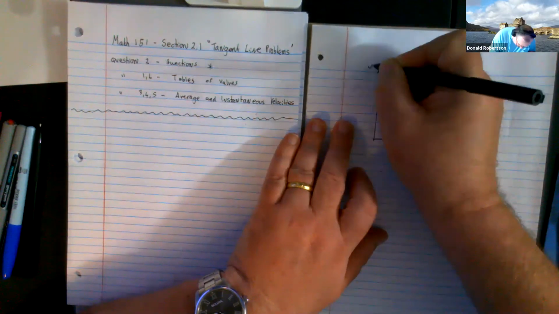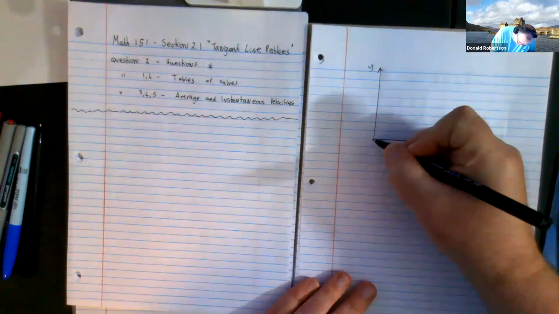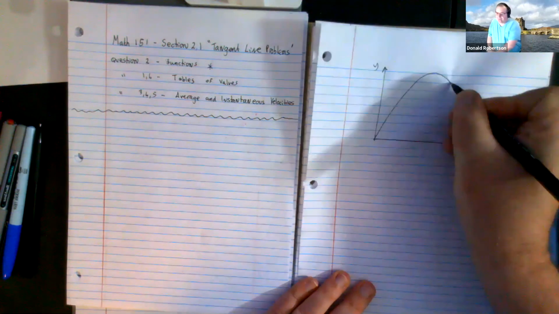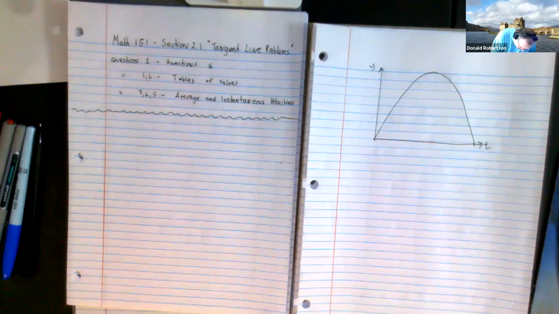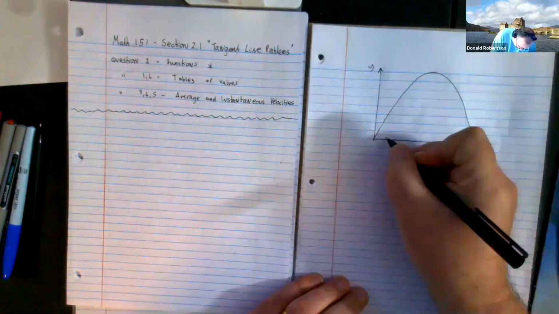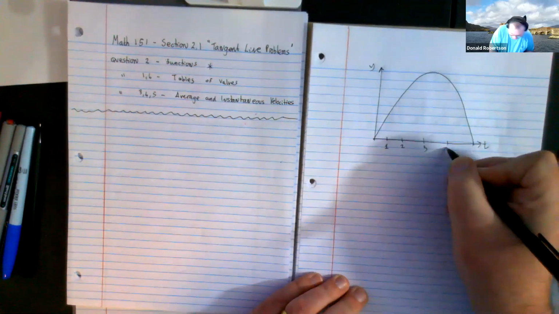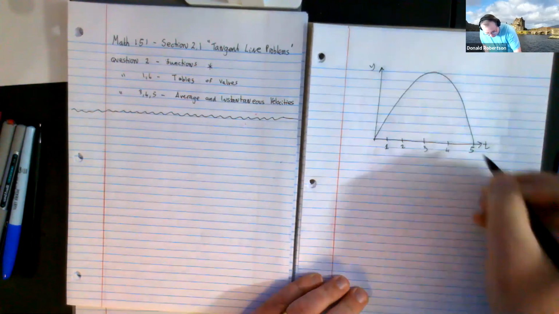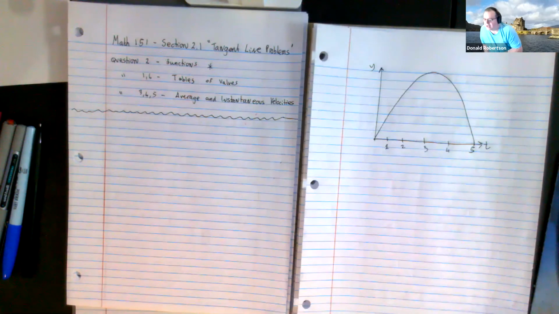Let's suppose I take an object and I throw it in the sky and it comes up and it goes down. Now, if this is the 1 second mark, this is the 2 second mark, this is the 3 second mark, this is the 4 second mark, and this is the 5 second mark. Can you imagine that would be the path of an object if you threw it up in the sky, right?